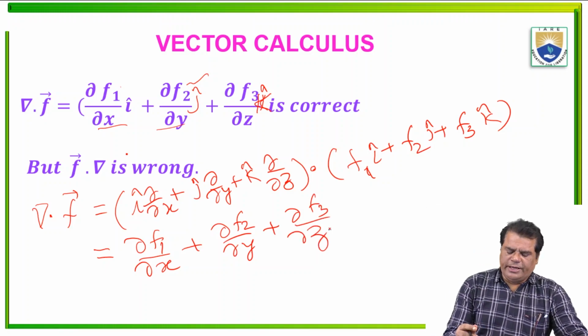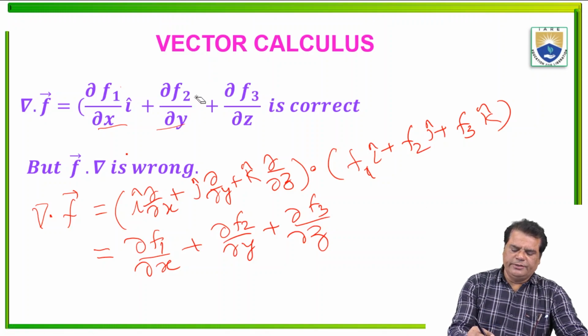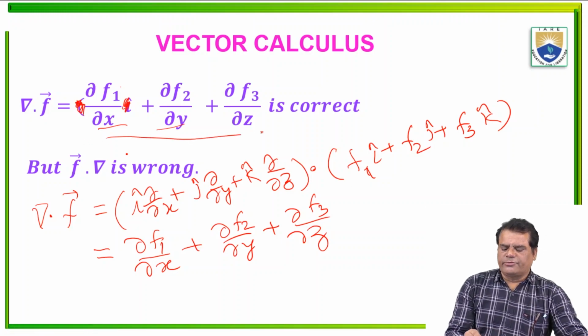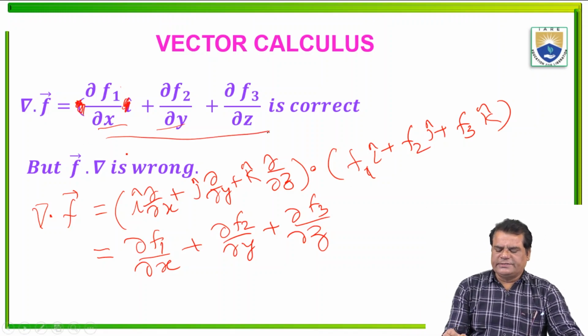There should not be i, j, k here. So this is correct. This is the divergence of f.